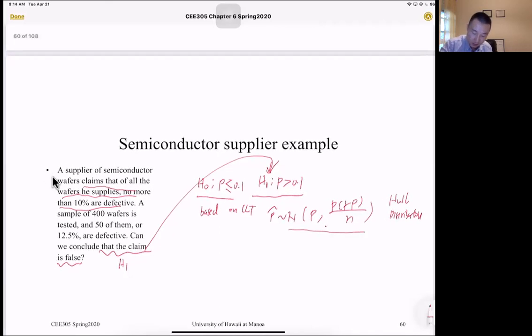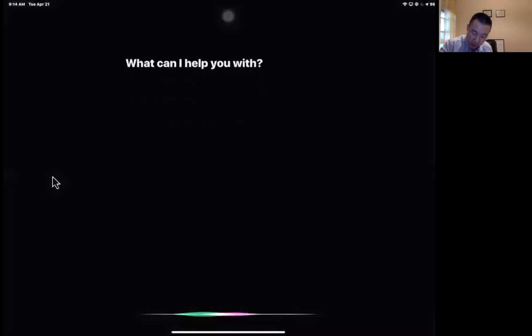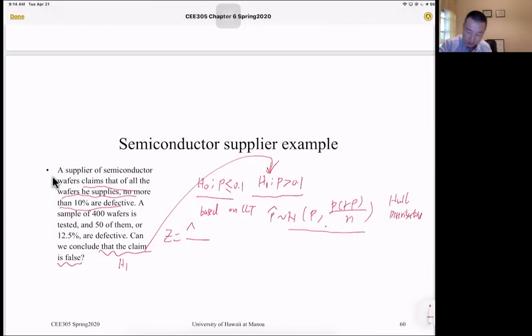So the z-score is equal to the sample proportion minus P0, over the square root of P0 times (1 minus P0) over N. This is the sample size.